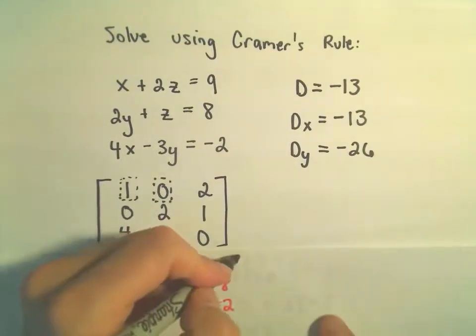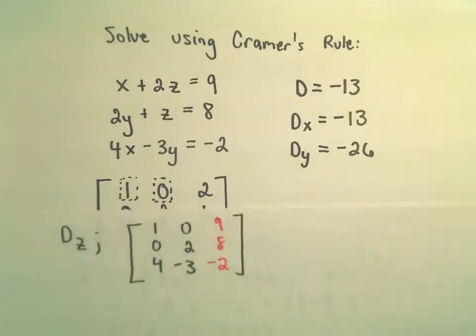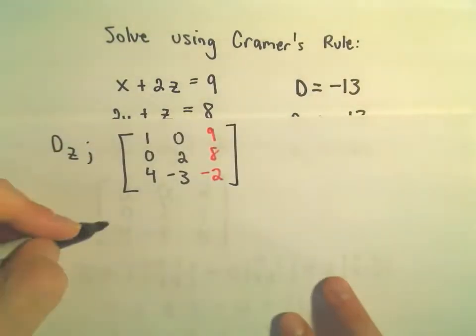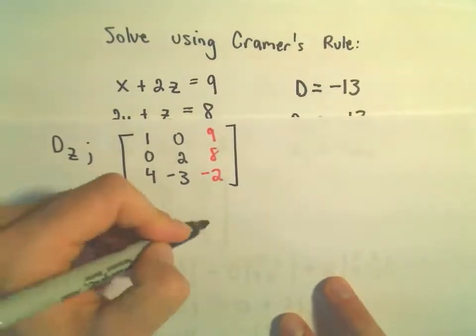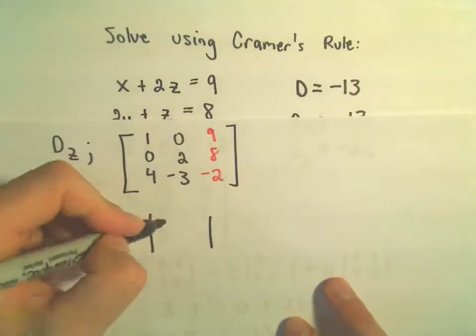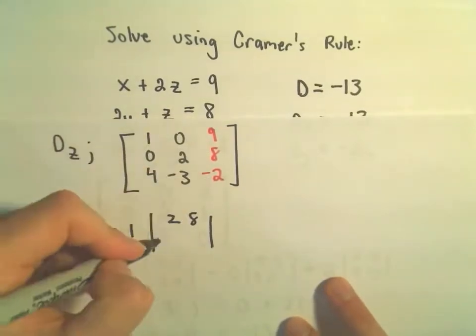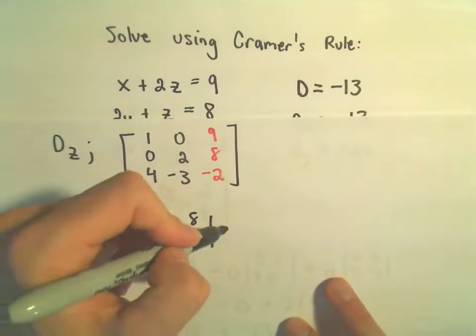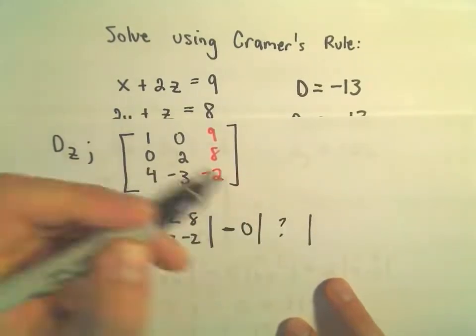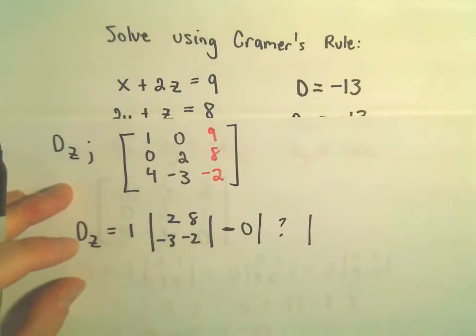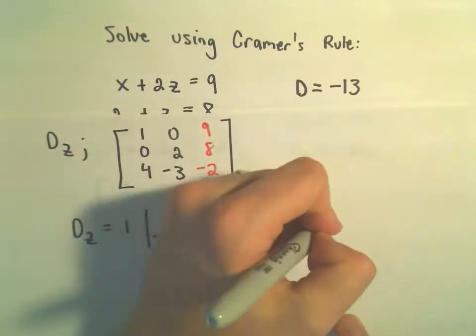And again, we just have to compute the determinant of this new coefficient matrix. If we expand along the first row, we'll have 1 times 2 and 8, negative 3 and negative 2. We've got to change the sign on the middle, but we're multiplying by 0, so I don't even bother to figure it out because I know it's all going to turn into 0 anyway.